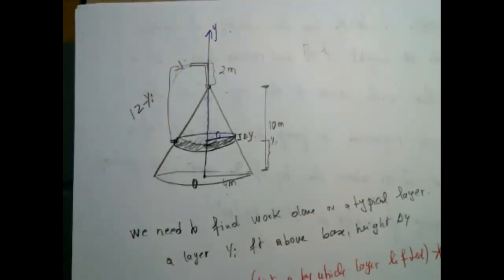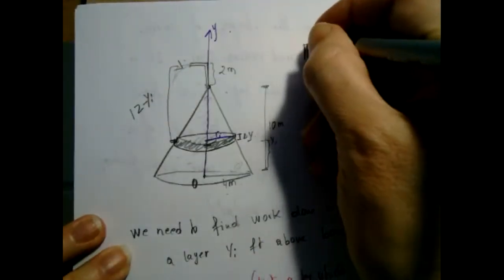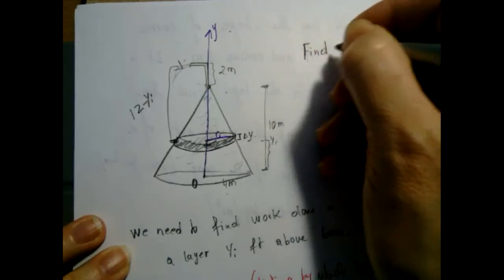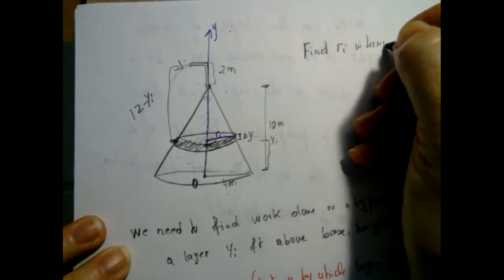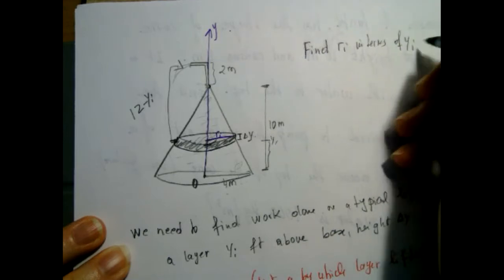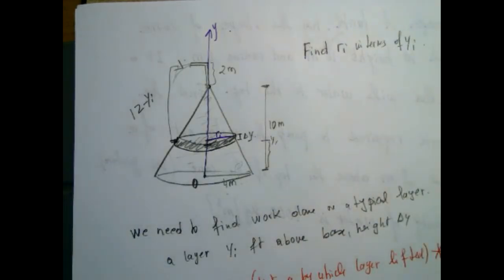We need to find Ri in terms of yi, because that's the only thing in this problem that I want to vary. I cannot have two different variables. I cannot integrate. So how can I find the radius in terms of the height?